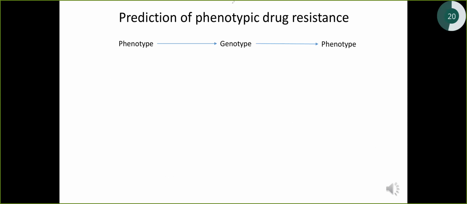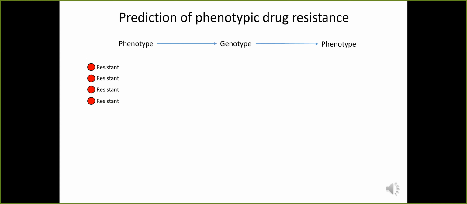And this is important when we are trying to predict drug resistance, because we need to build first, and I will explain now how, a catalog of mutations that we know confer drug resistance. How do we do this? So just imagine we collect a bunch of resistant strains.